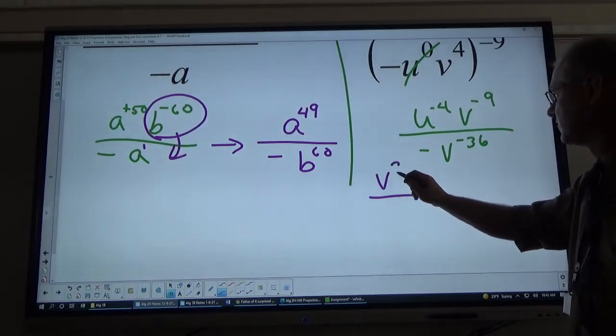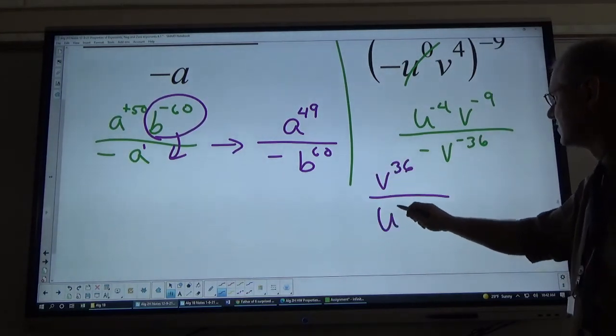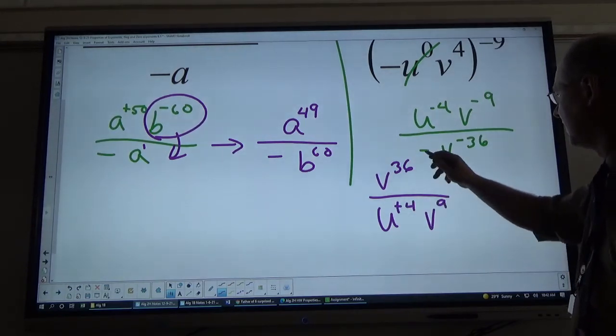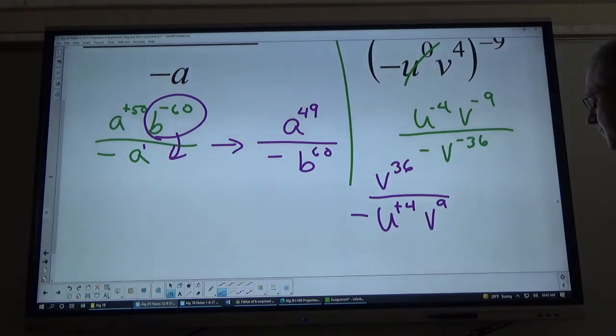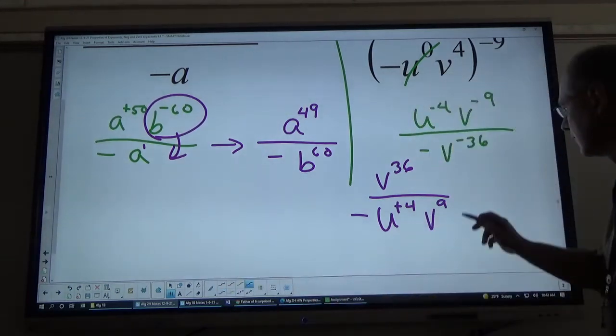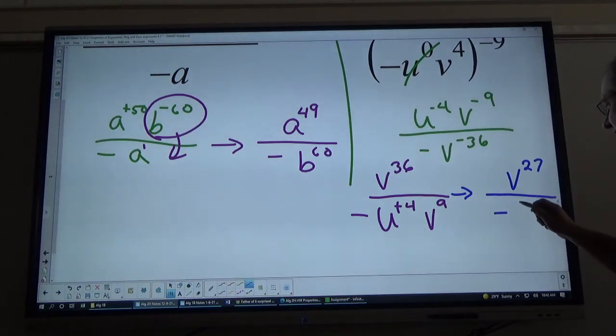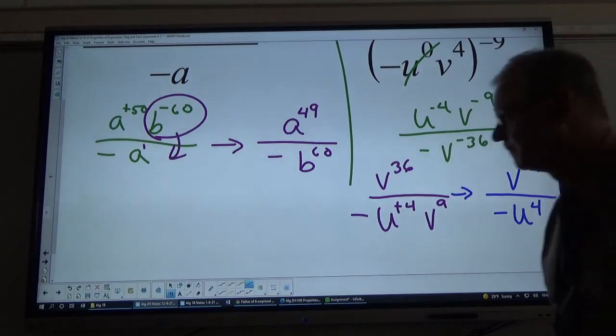V to the +36, U to the +4, V to the +9. I still have a negative there. The 36 is bigger than the 9 for V, so I'm going to subtract, V to the 27. I still have a negative, U to the 4, and there's my final answer.